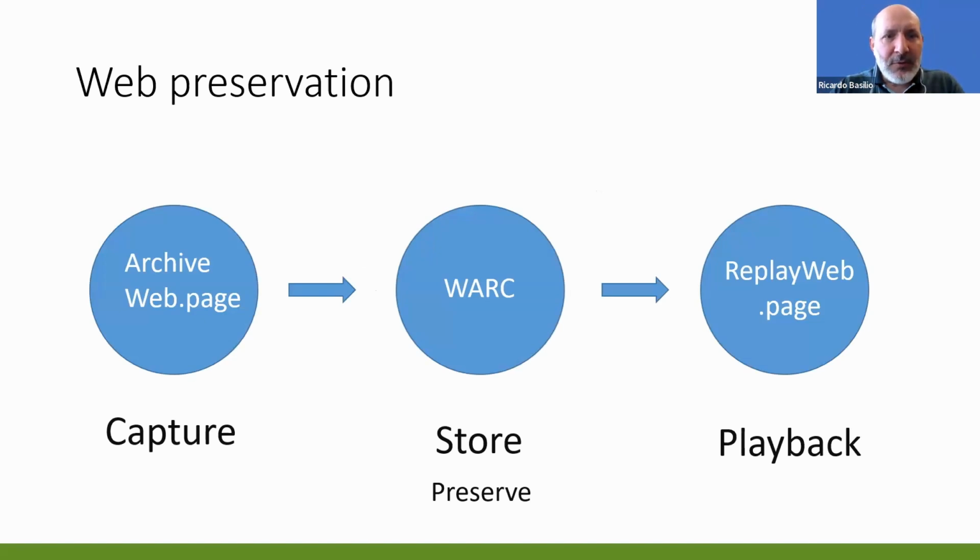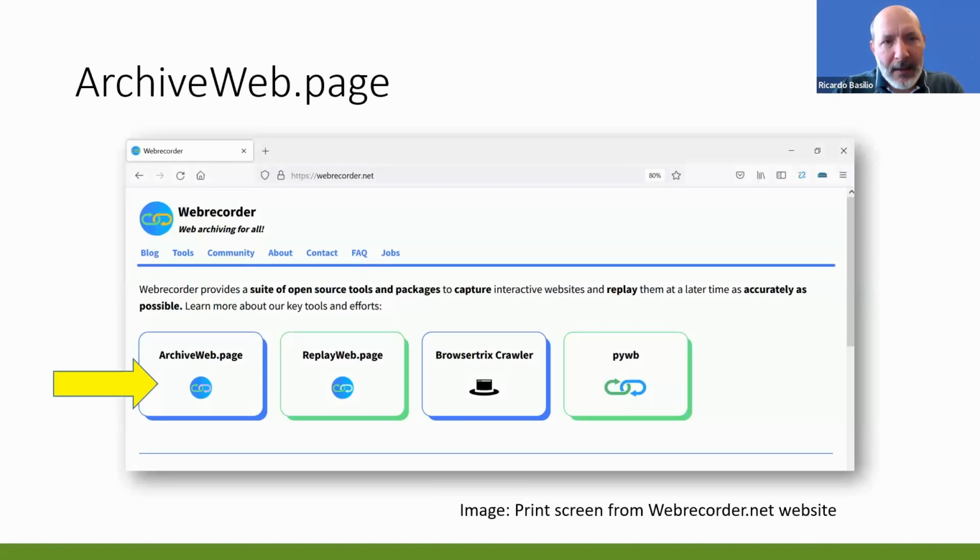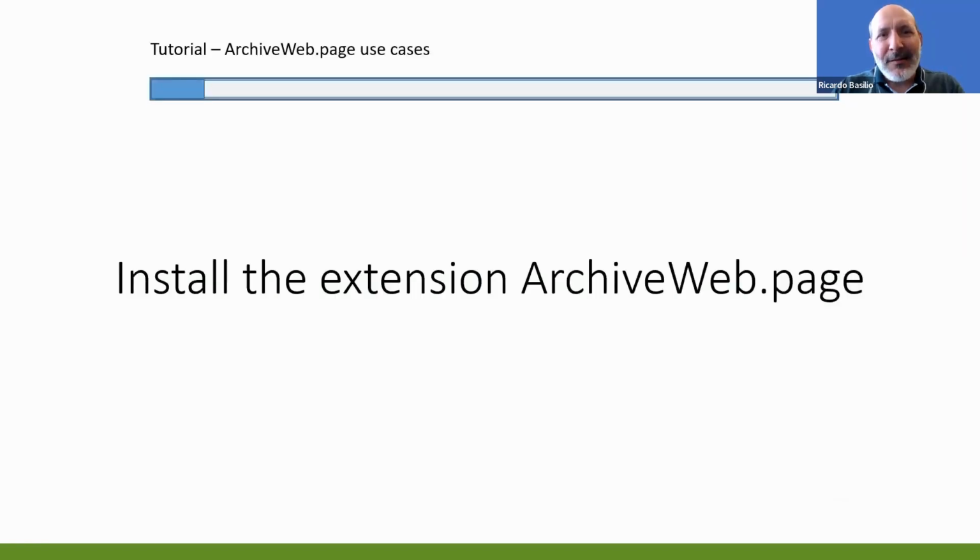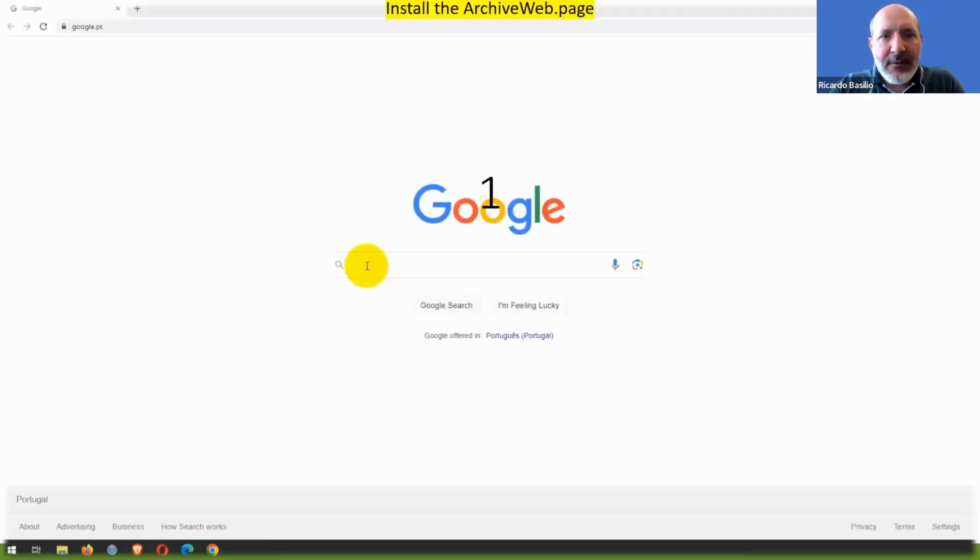So I will show you some examples. And the first is how to install the Archive Web Page extension. This is a tool with an extension of a browser. So this is the most difficult because people many times don't know how to install an extension. When we give training, we must be aware of this. Things that for us are clear, for people are not.